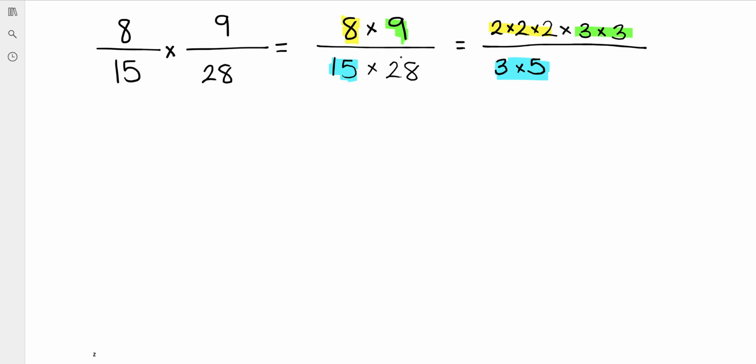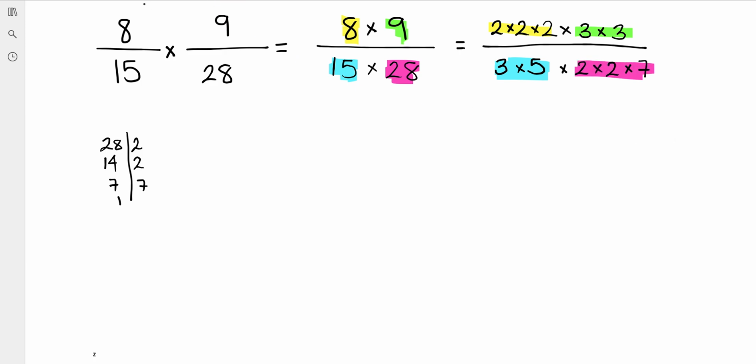And what about 28? I'm going to do it here so it's easier. So 28 divided by 2 is 14, divided by 2 is 7, divided by 7 is 1. So it's 2 times 2 times 7, and this is my 28.